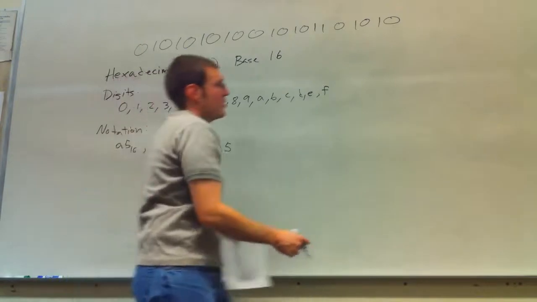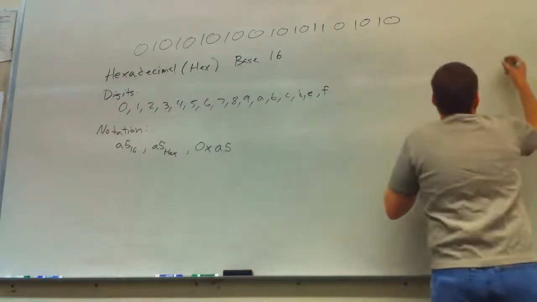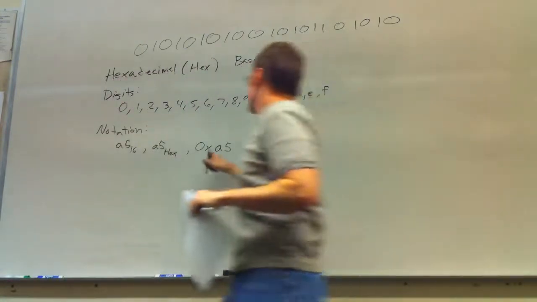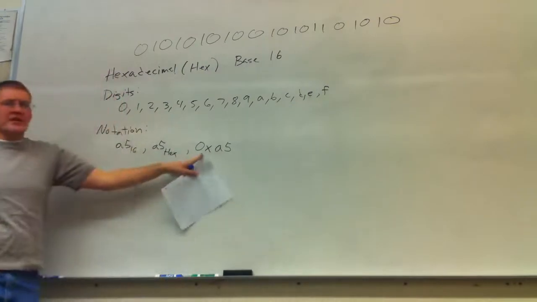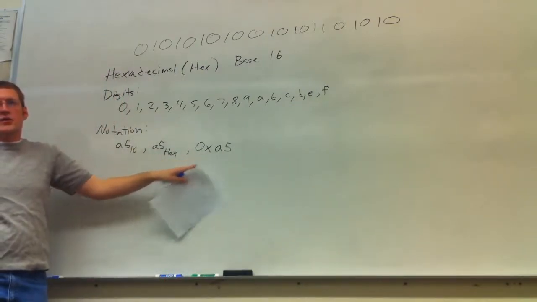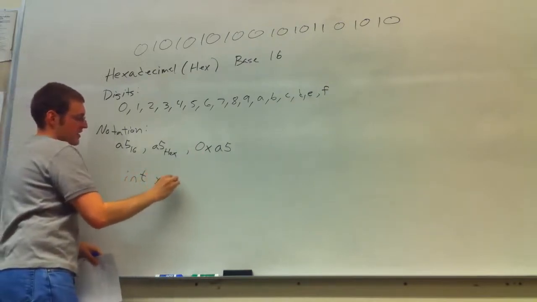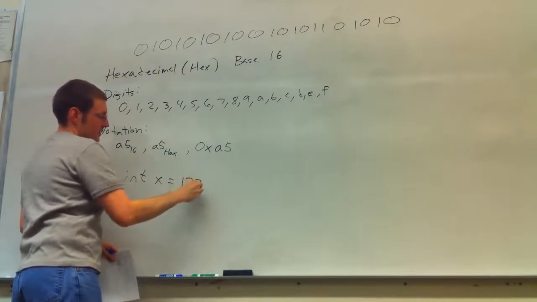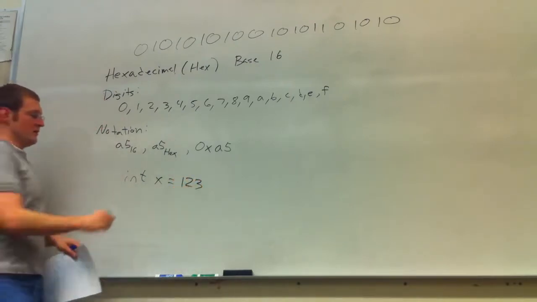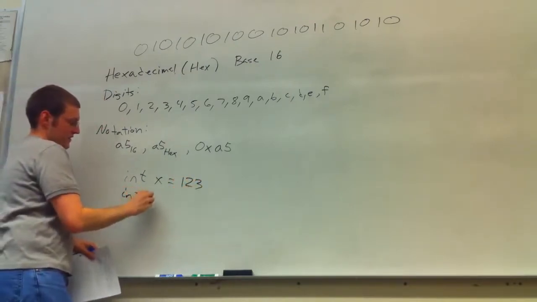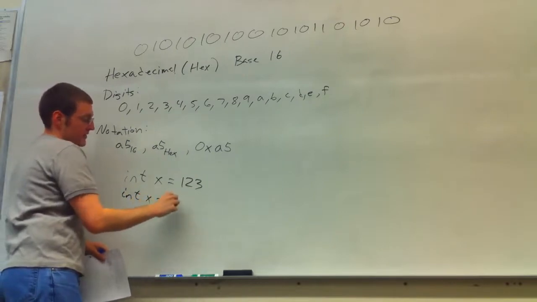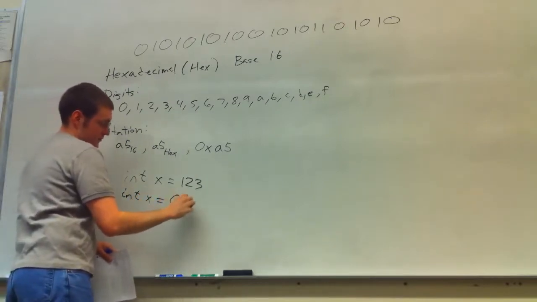So, what we're going to do, how do I get the 0x? It's just like in programming, in C, C sharp, if you want to distinguish, like if I go int x equals, let's say, 23, I'm not going to convert this, it's not going to be the same number, I'm just going to put a number here.